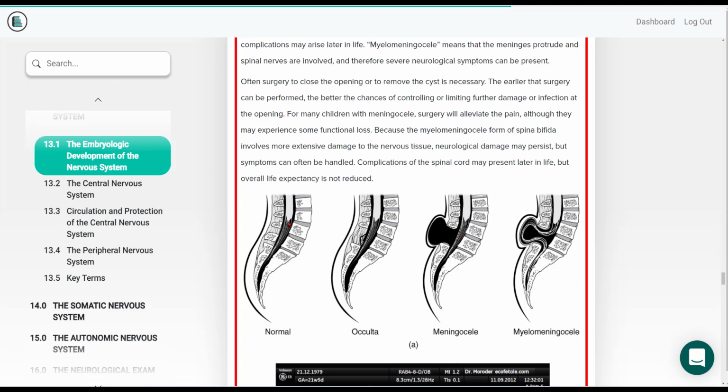On the left here, this is normal, right? So here's the spinal cord completely protected inside the vertebral canal. And there are situations where there's a break in this or a complete opening. This can lead to paralysis in these areas. So depending upon the severity of the opening, that will tell you what complications will be present.